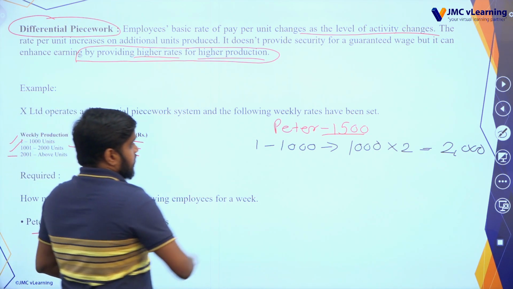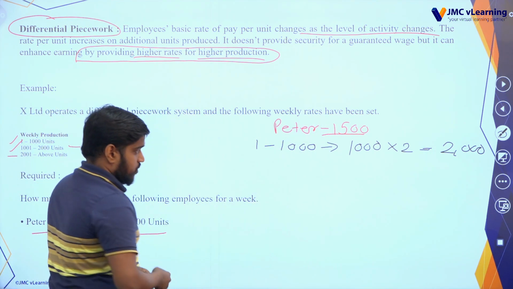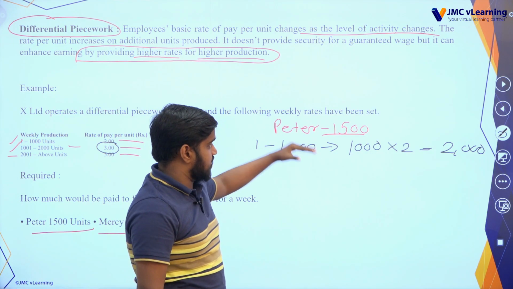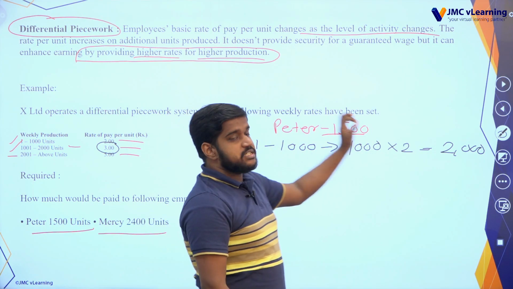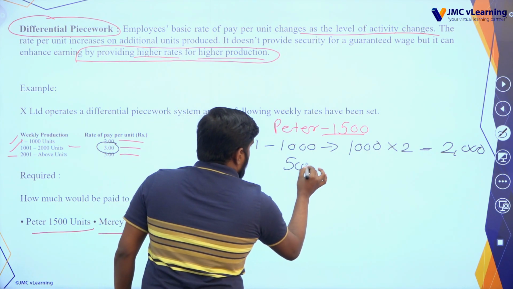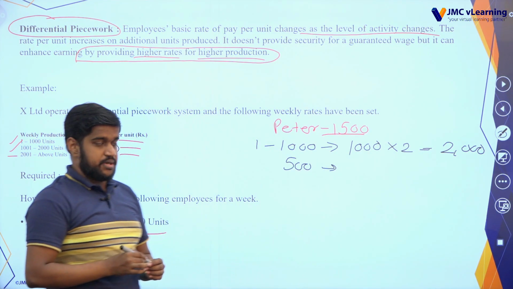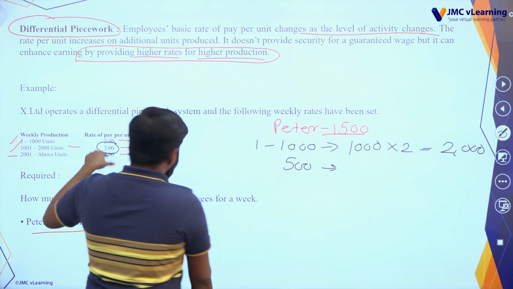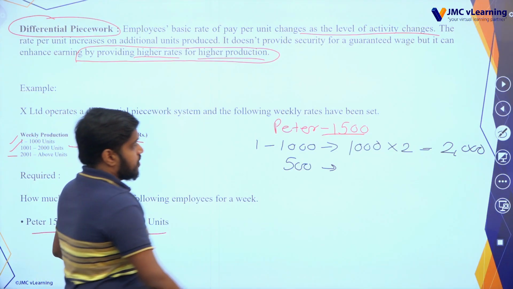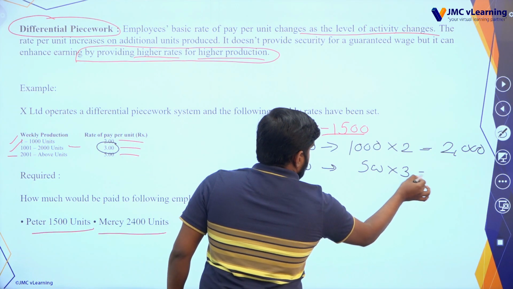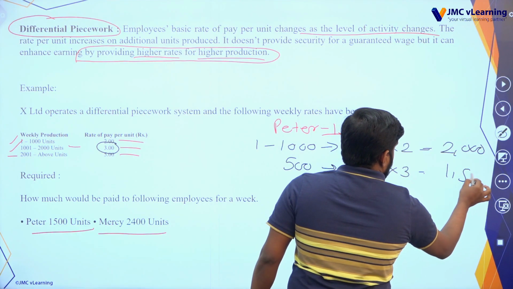Therefore, Peter produced 1500. For the first 1000 that he produced, he is eligible to get 2 rupees per unit. Then we have the remaining 500. As per the rule set, Peter is eligible to get 3 rupees per unit for these 500 units. Then 500 multiplied by 3 is 1500.